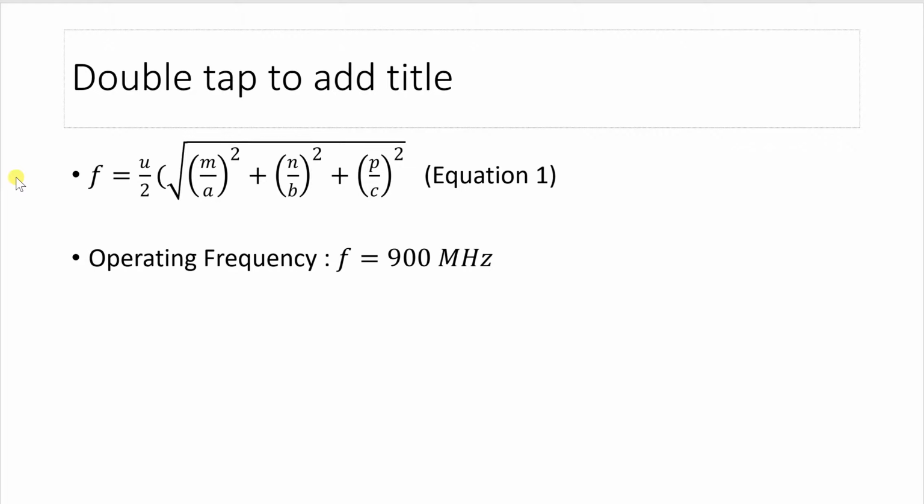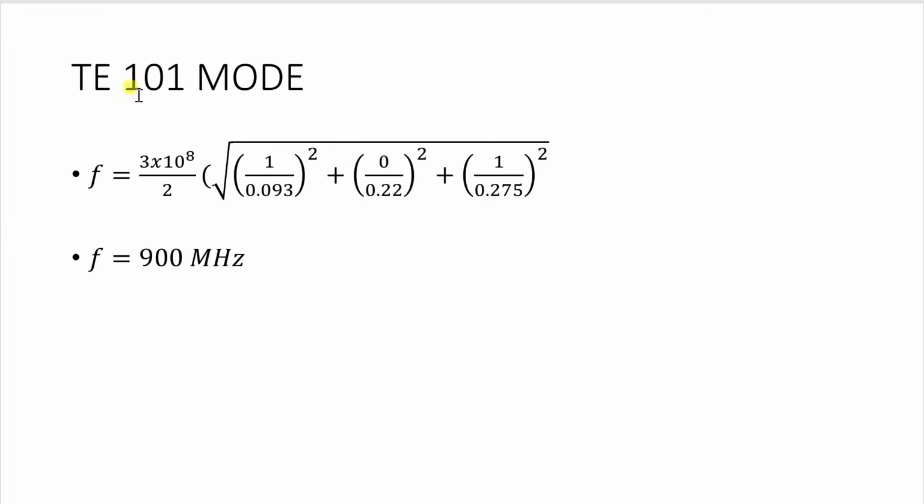For that reason, I will calculate my cutoff frequency with equation 1. I have calculated the cutoff frequency for T101 mode and it's approximately 900 megahertz. I have also calculated T011 mode cutoff frequency, which is approximately 873 megahertz.